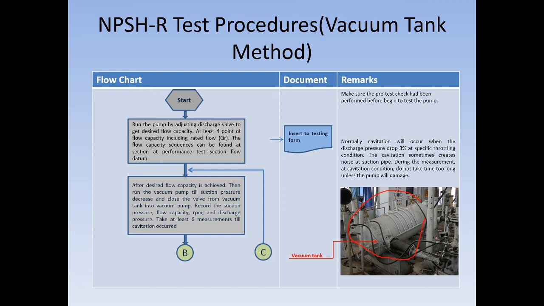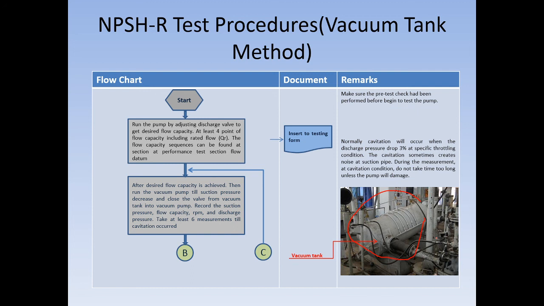It's not economical. It's only for small pumps. But the good thing about the vacuum tank is the static pressure there is more stable and fast to react. You just adjust the speed of the vacuum pump, and you can easily get the situation when cavitation occurs.